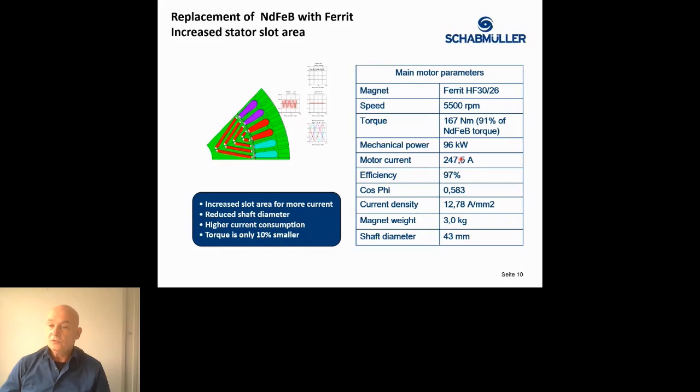In order to be able to do that, we additionally had to increase the slot surface to apply more copper into the slots, keeping the current density constant, of course, operating at higher current. The efficiency is fine. The power factor is not as good as it was in the beginning. And we were able to apply a lot of ferrite magnet material. But in order to do that, we had to reduce the shaft diameter as well. So now we are still missing about 10%.